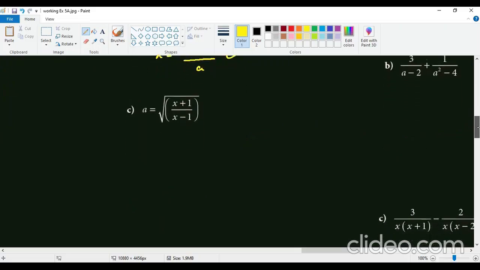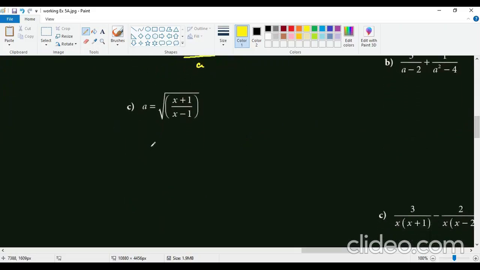When it comes to part C, first of all I need to remove this sign of radical. I will be taking the square on both sides, and the square is going to cancel with this. So a square will be equal to (x plus 1) over (x minus 1). In here I need to make x the subject, so I will take x minus 1 to the other side and multiply it by a square, which is going to be equal to x plus 1.